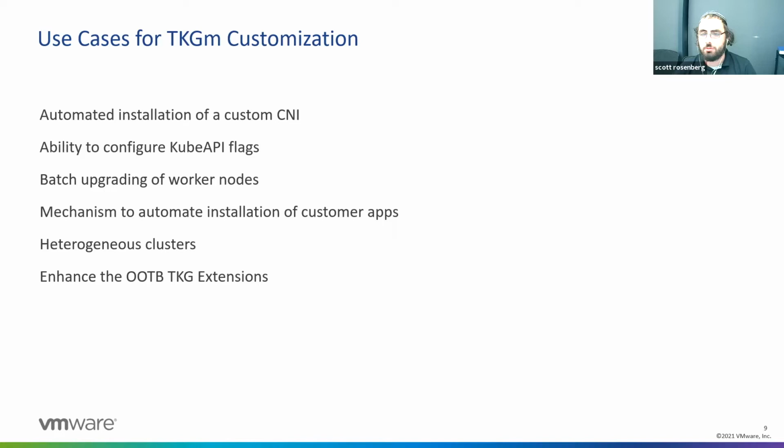But sometimes we have different requirements from customers, which may be to install Cilium as a CNI, or to install NSX Container Plugin, the NCP, as a CNI, or just a customized version of one of the CNIs that isn't supported in TKG. Well, TKGm gives me the ability to set that to none in my cluster definition, and then I can manually install a CNI. But one of the great capabilities of customizing TKGm is we can actually automate this as well.